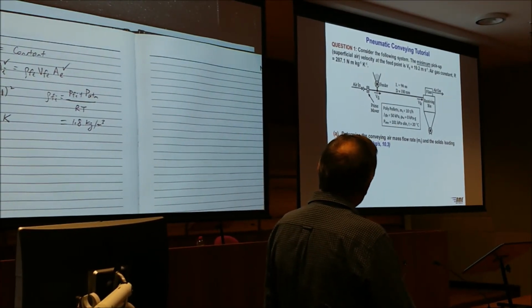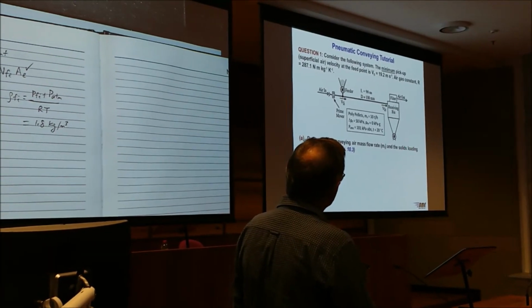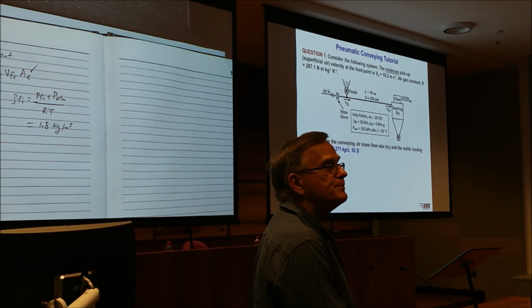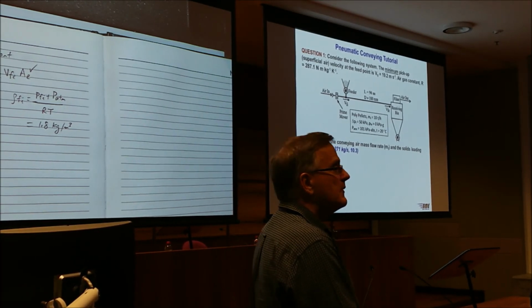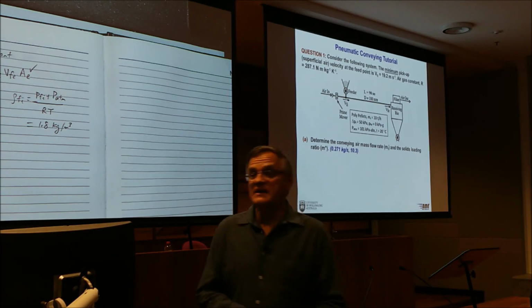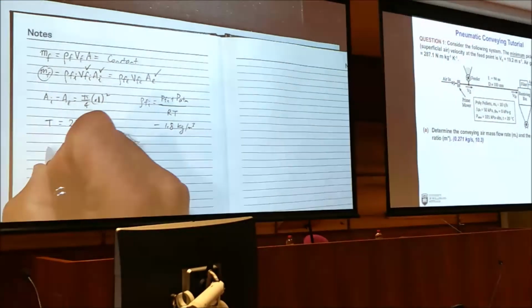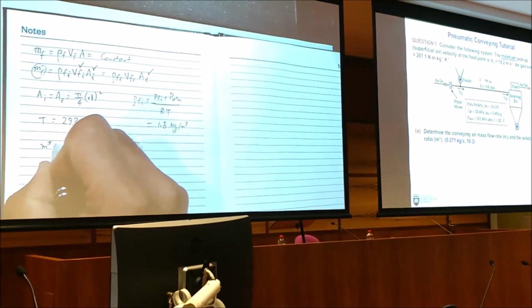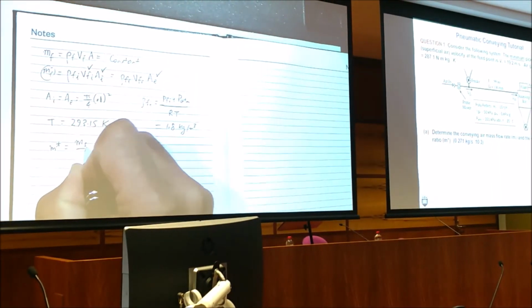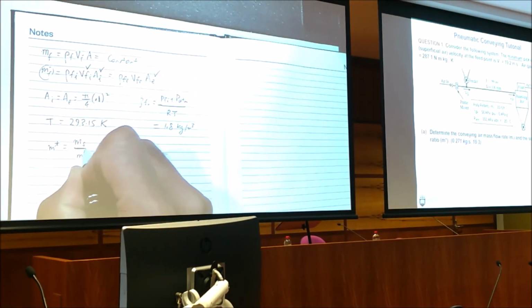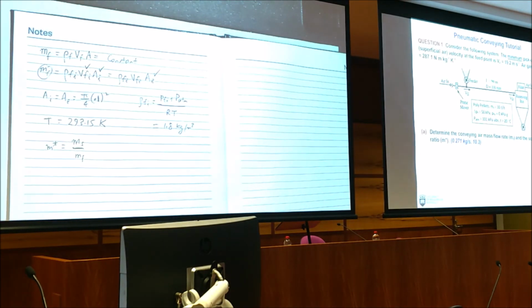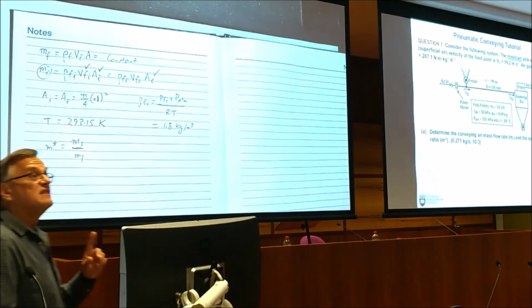Now the second question is, what's the solids loading ratio? So M star is simply MS divided by MF. And M star is dimensionless.